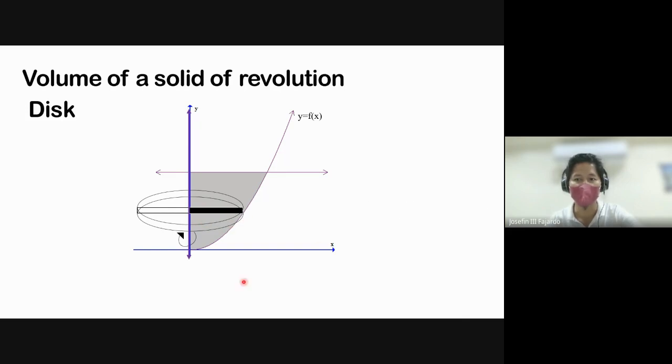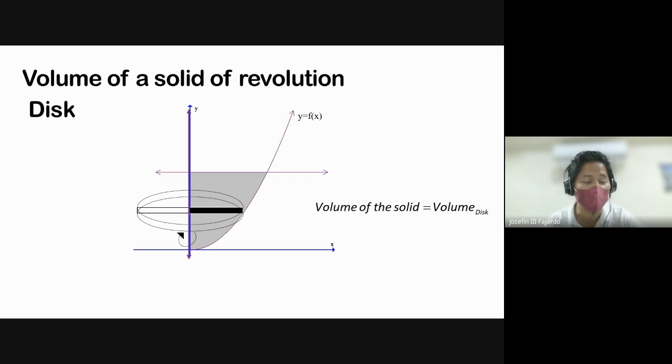Okay? And then what we will be doing here is to get the volume of the disk, we will just be considering this volume of the disk will be the area, di ba, of this, call that area nitong ating disk, and the volume, the thickness.